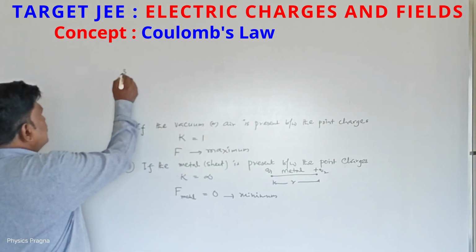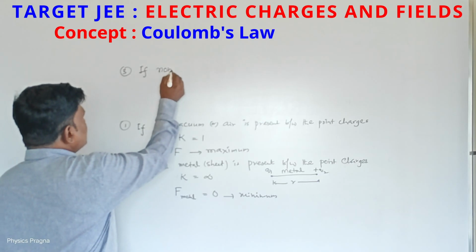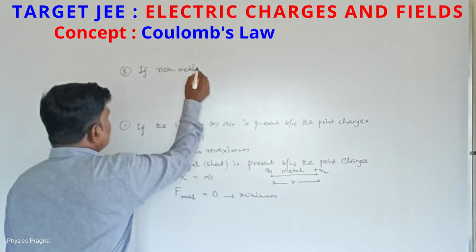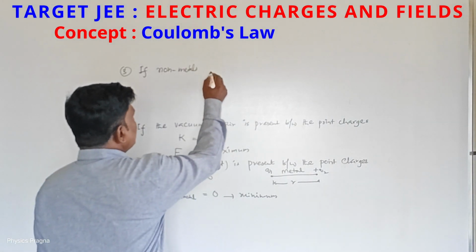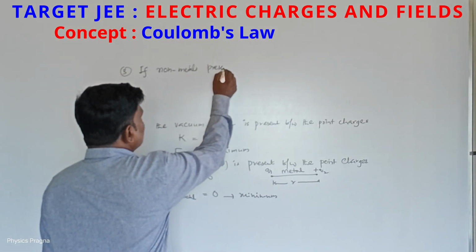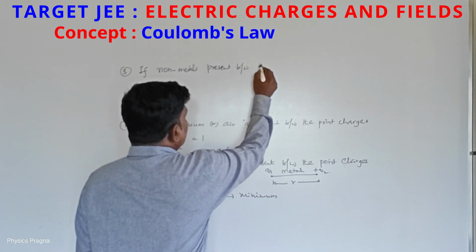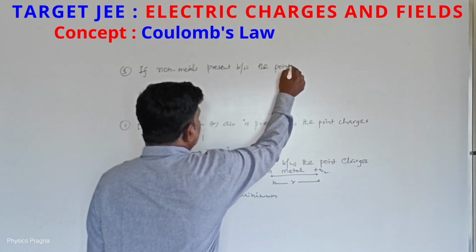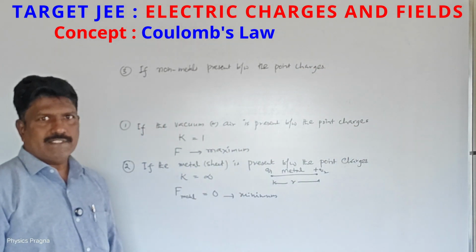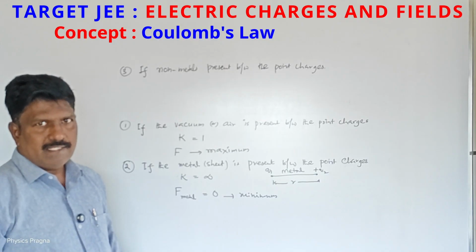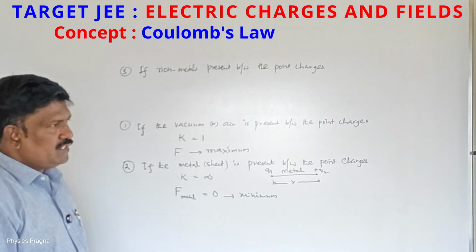In the third case, if non-metals or alloys are present between the point charges, so between q1 and q2 some glass is there, some mica is there, like that insulators, non-metals are there between two charges.